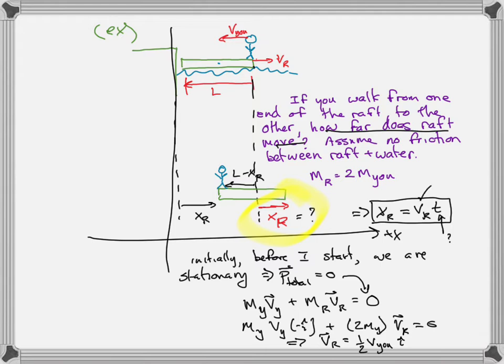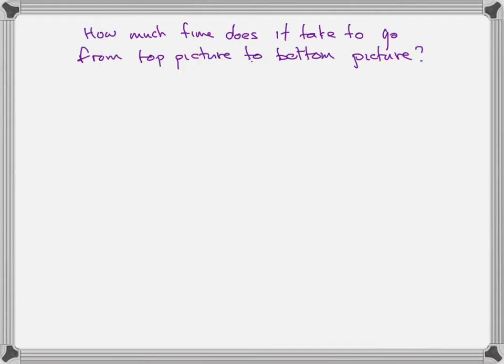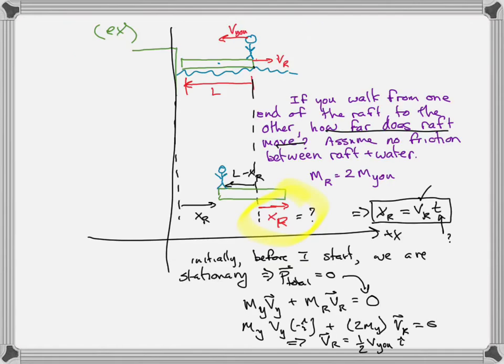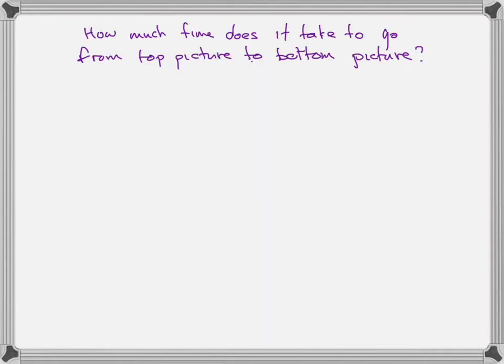Okay, we figured out the speed. I want to know how much time it takes to go from the top picture to the bottom picture, assuming that everybody's moving at constant speed. What we do know is that the amount of time is the distance that you move, which is L minus x raft, divided by your speed, vu.